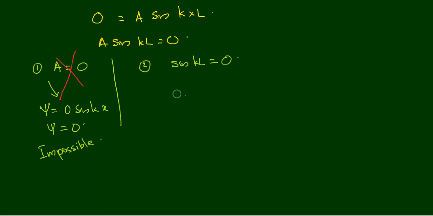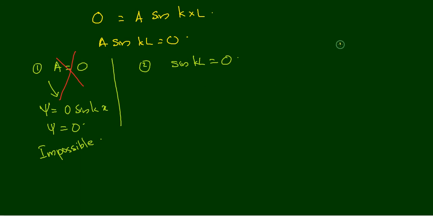So sine kL must be equal to 0. What are the possible values of theta for which sine theta becomes 0?